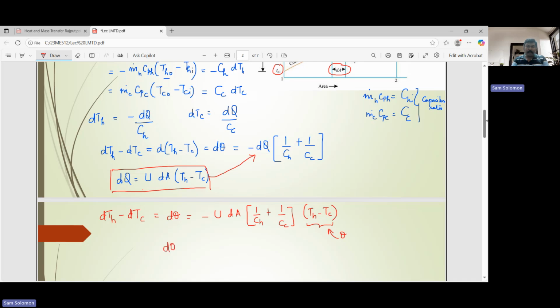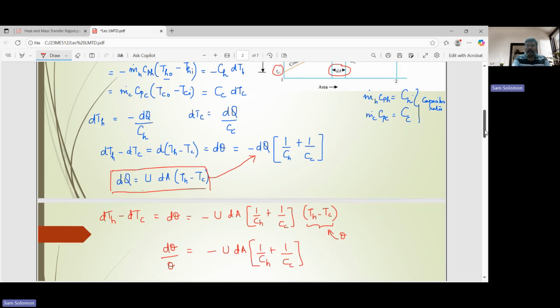So your left-hand side becomes d theta by theta is equal to minus u times dA multiplied by 1 by capital CH plus 1 by capital Cc. The reason I mention capital CH and capital Cc every single time is to ensure that this is the capacitance rate and not your specific heat. Okay.